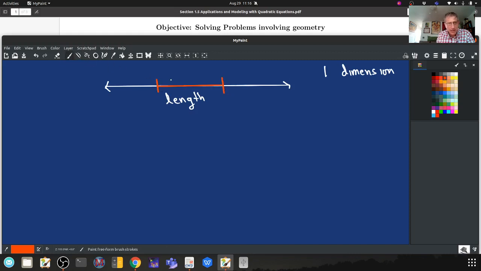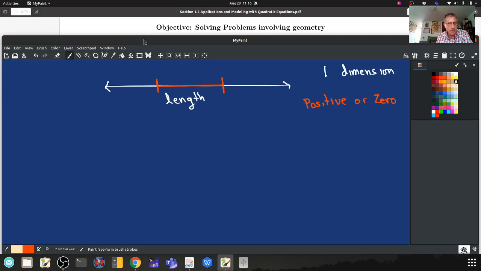And the thing about a length is that it is a positive number or zero. I guess in some places and on some occasions we could talk about a negative length, but in general a length measurement in most contexts is always positive or zero. And this is a one-dimensional measurement.